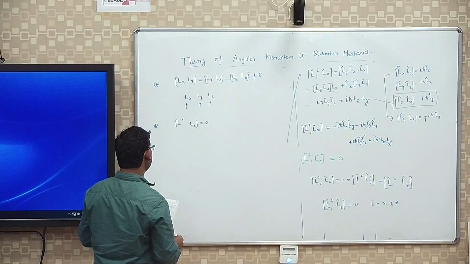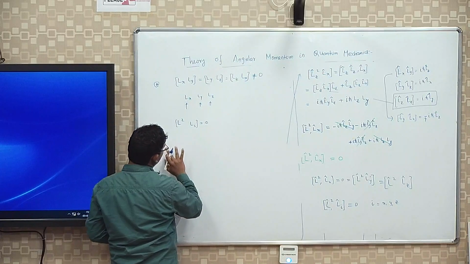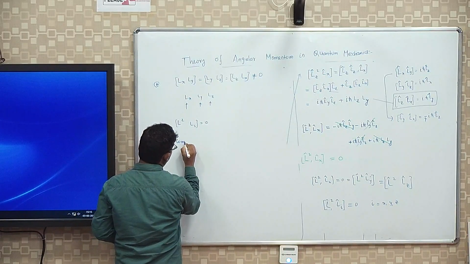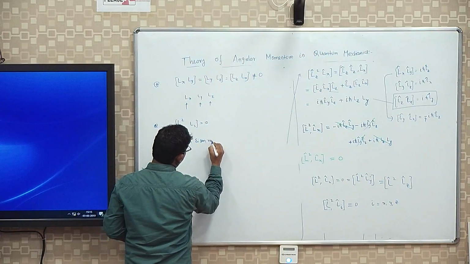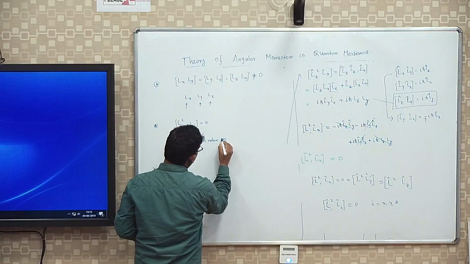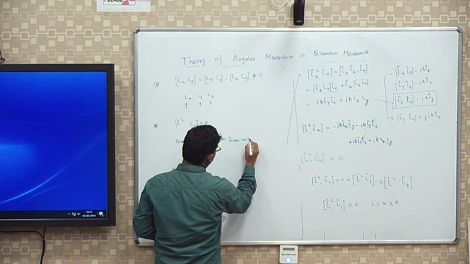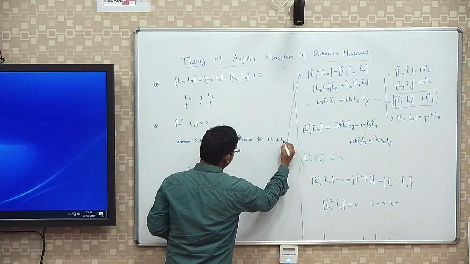So we can say there is a common eigenvalue or common eigenvector for L² and Li.